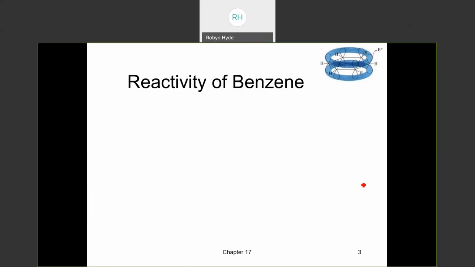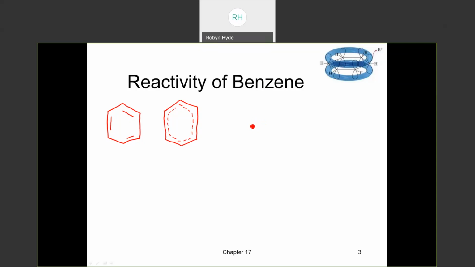The key fact that I need you to remember is that benzene is not very reactive. Of course, this is the traditional way that we draw benzene, with conjugated double bonds. However, we have looked at the molecular orbital energy diagrams, and in reality all of the bonds around benzene are just partial double bonds.